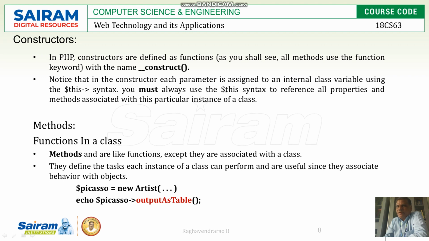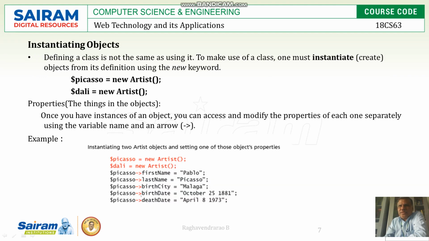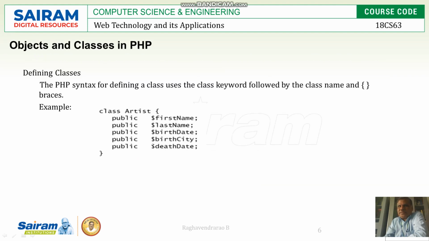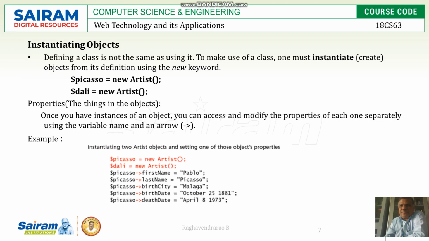Previously we were not using dollar, just this; when we use PHP, the dollar symbol is used. That will reference all the properties and methods associated with the particular instance of the class. So here, this is a class, right? With this dot first name, it automatically understands which area of that particular class the object is going to be referred to.